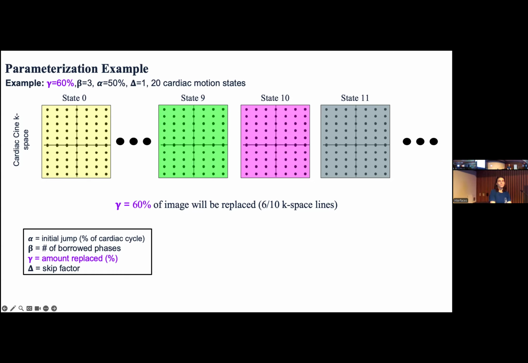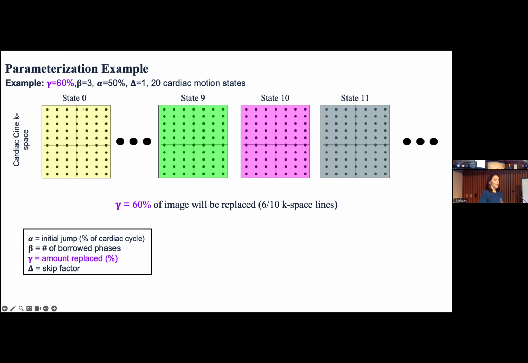So in order to do this, the first step was we developed a way to shuffle that information into one image, and we did that by basically parameterizing this problem. I thought the best way to show this was probably through an example, so I'll just jump in. Let's say we have multiple different motion states of K-space. Each one of these, the person was in a different motion state.